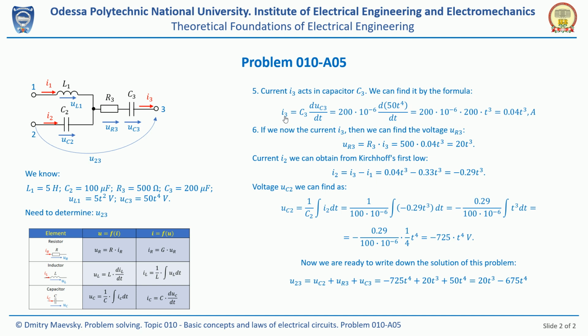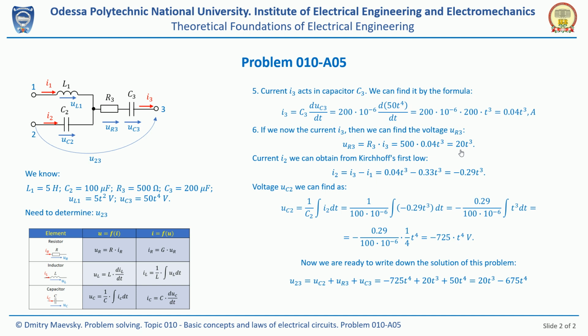If we already know current I3, then we can find the voltage UR3 according to this formula. We know this current and we should obtain this voltage. According to this formula, we substitute our data. 500 ohms is the resistance of this resistor R3, and we obtain that our voltage on this resistor is 20 times t cubed volts.